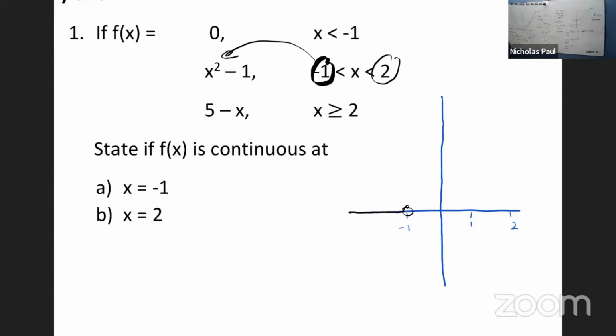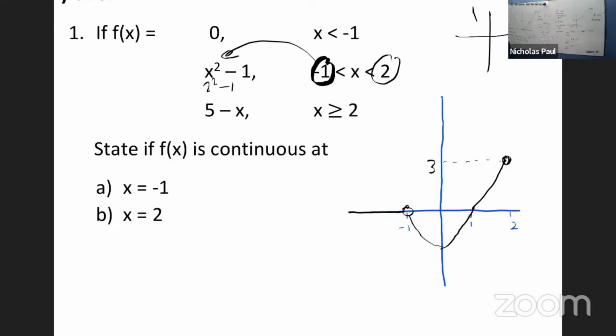So your graph goes like this. When x is 1, it comes back up again, that's 0. When x is 2, 2 squared minus 1 is 4 minus 1 is 3. So we're coming up here to 3. Notice I have a hollow circle again. You okay with that? No? So what do you say?